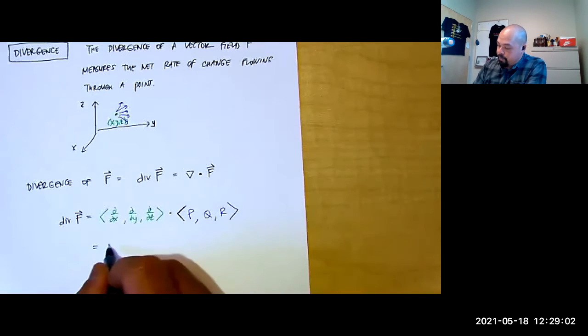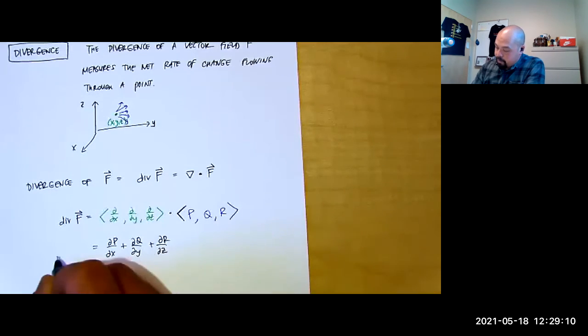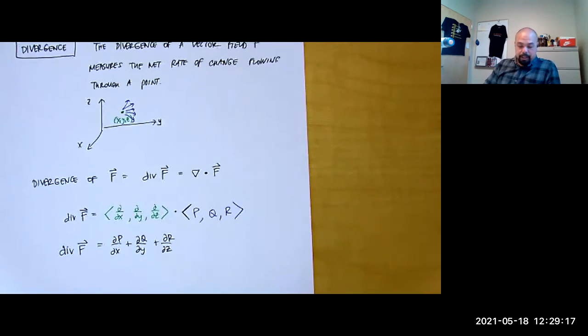So that divergence is dP/dx plus dQ/dy plus dR/dz. Okay, and that's going to give us this divergence of that vector field.